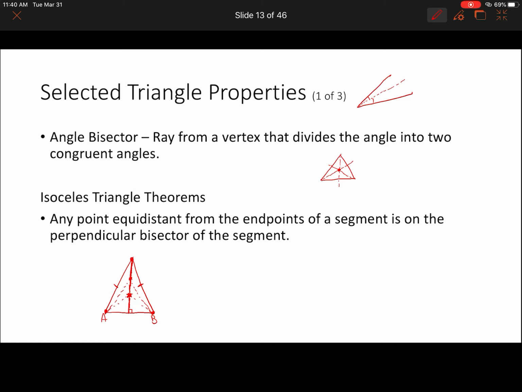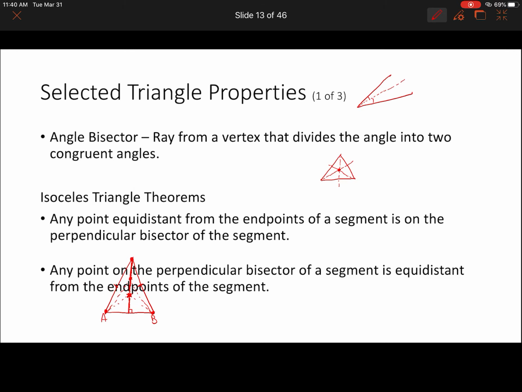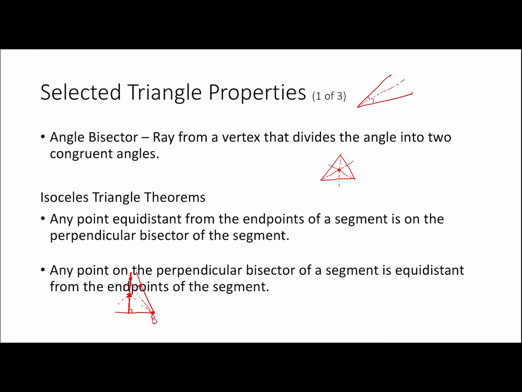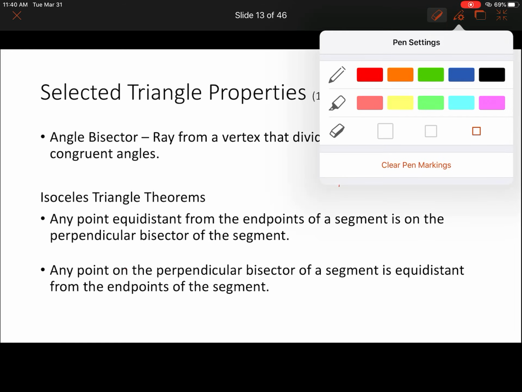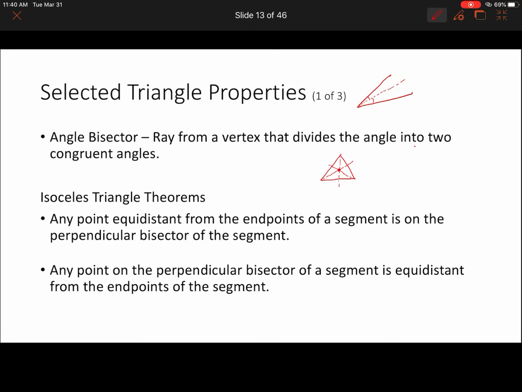We'll call it segment AB, just to have a reference. So every point along this perpendicular bisector has to be equidistant to point A and point B, the endpoints of that segment. Okay, again, that's another theorem that could be useful to us as we move forward.